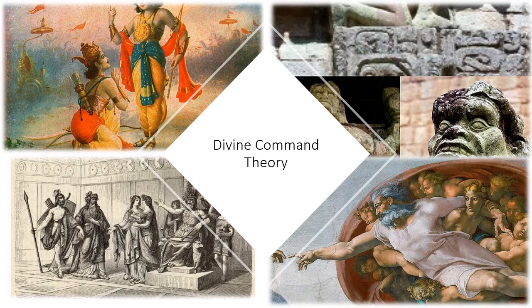If you look at the top left-hand corner, that's actually a picture of Krishna and Arjuna, and this is from what's called the Mahabharata. It's a poem called the Bhagavad Gita.